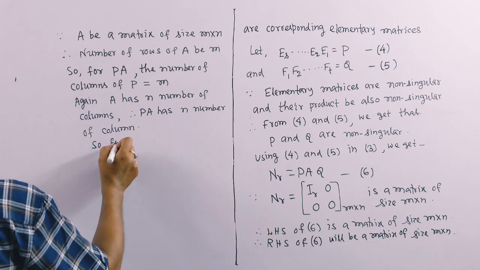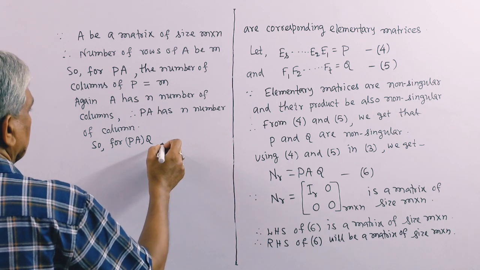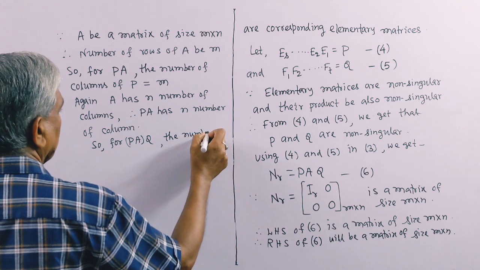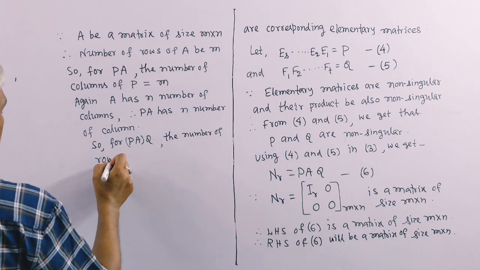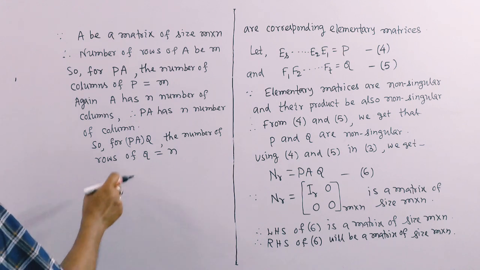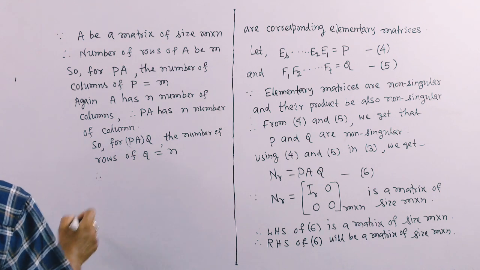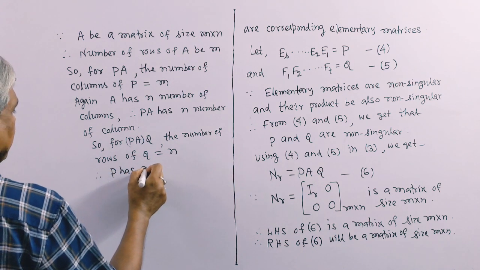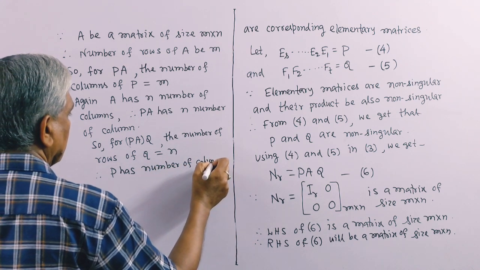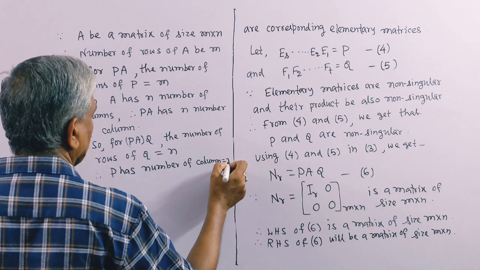So, for PAQ, the number of rows of Q equals n, meaning the number of columns of PA equals the number of rows of Q. Therefore, P has number of columns equal to m.